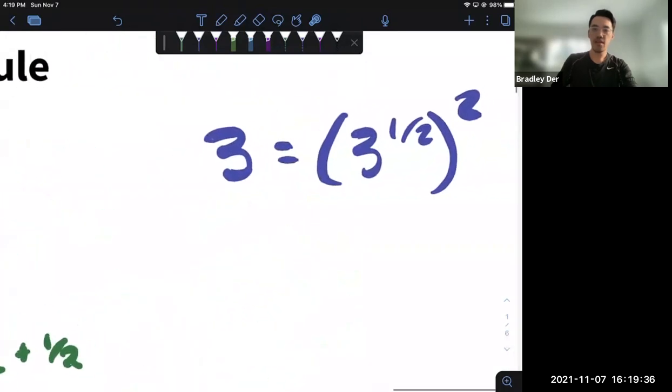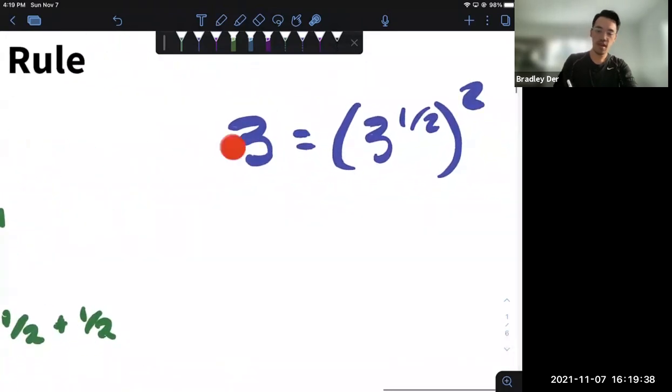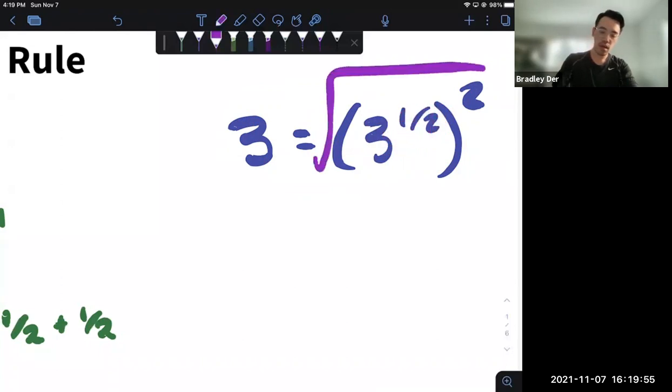And once I have that, let's ignore all the green bits and just focus on this equation. If 3 is equal to 3 to the 1/2 to the 2nd, and I want to really know what the value of this expression is with the rational exponent, rational meaning fraction, and with a fraction in the exponent, then it would probably work for us to square root.